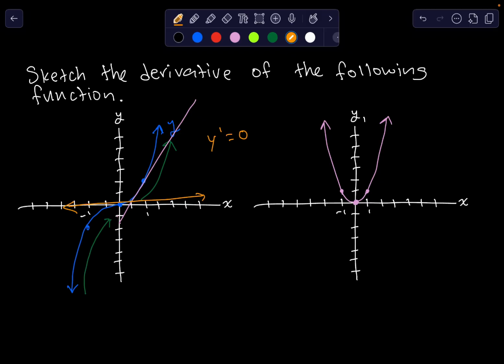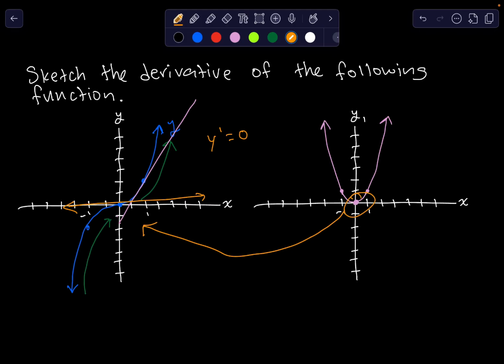Another thing we should notice is on our derivative graph over here, or I'd rather circle this, we have this value which is an extrema or a local min in this case on our derivative graph. So we have a local min. And if we look on our original graph, that was a point of inflection.